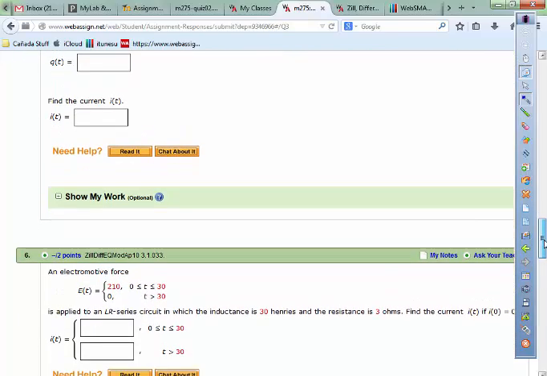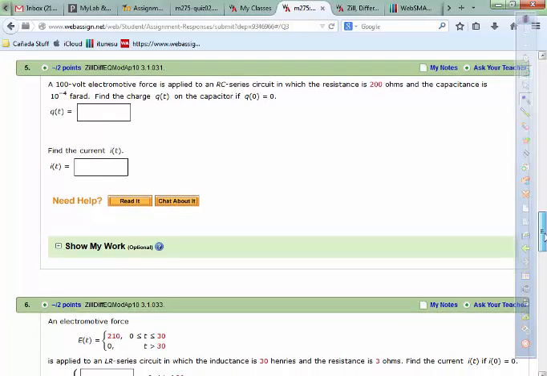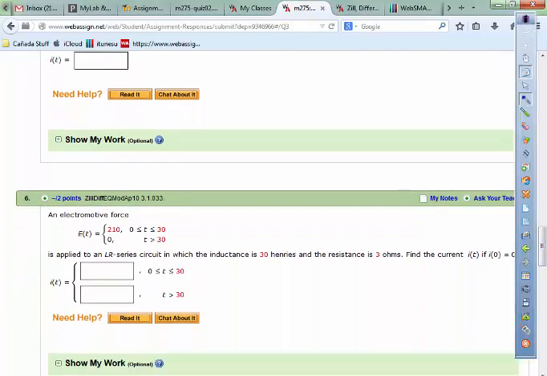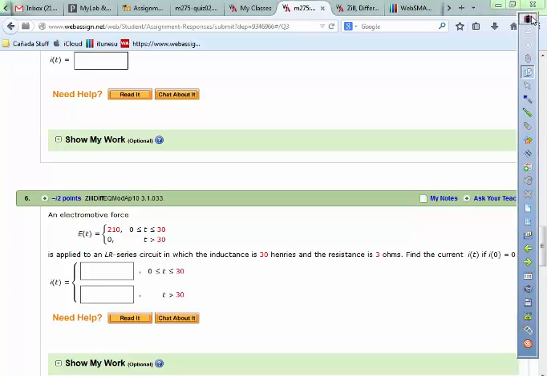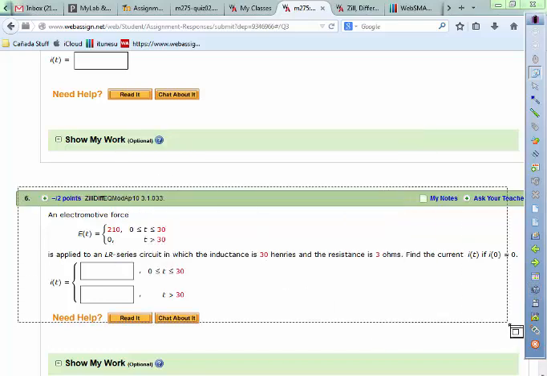Should we do 5 or 6? So number 6 is going to require us to do 2 problems, I think. Let's see if we could do this.